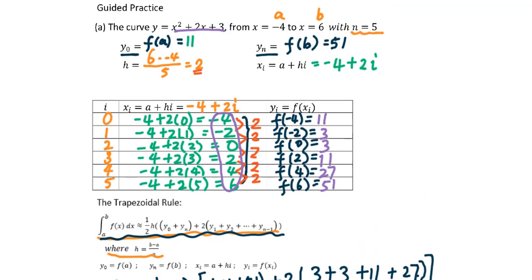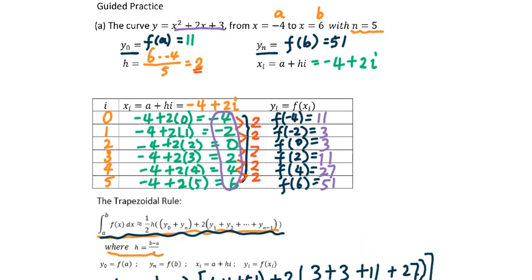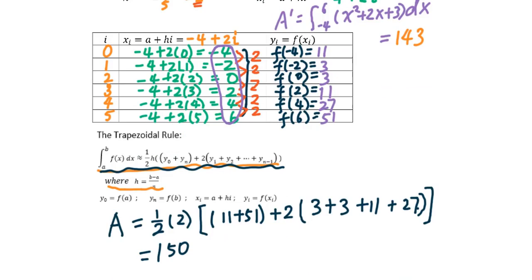So let's work out the definite integral. You will get A prime equals the definite integral from negative 4 to 6 of x squared plus 2x plus 3 dx. By graphing calculator, you will get 143.